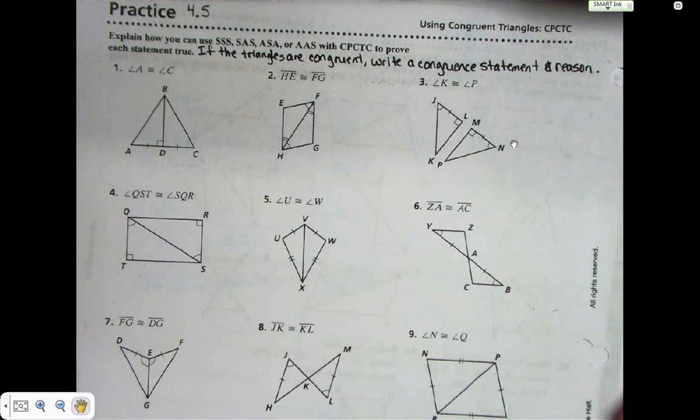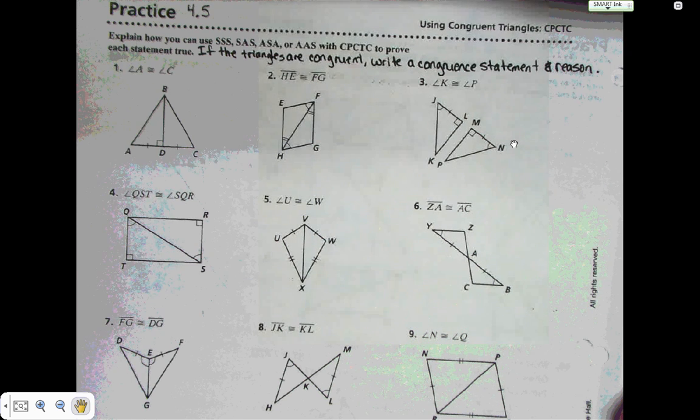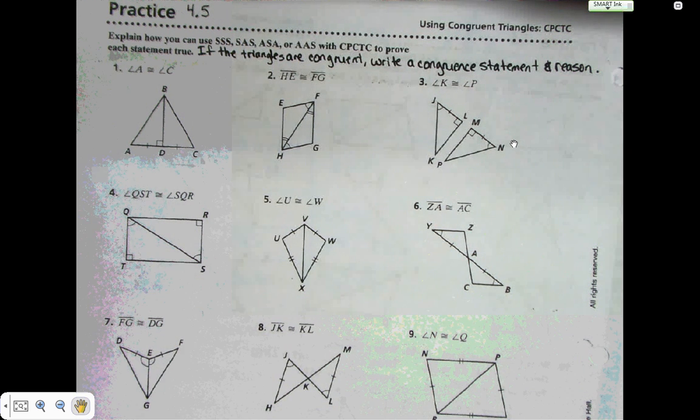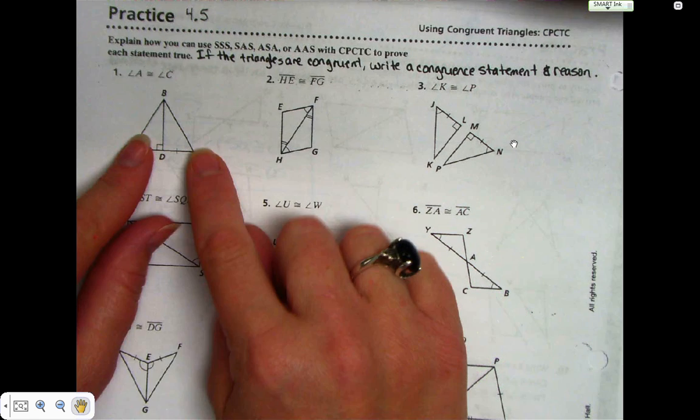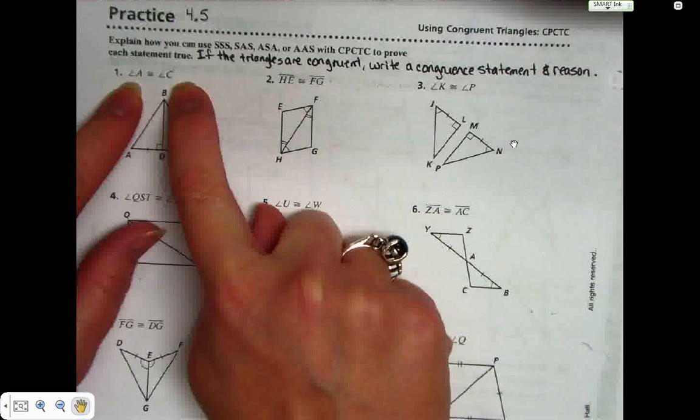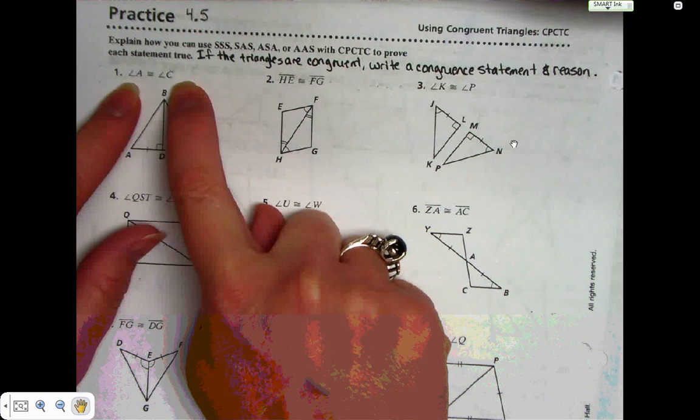On the back page, this is the one where the directions are a little goofy. It says explain how you can use SSS, SAS, ASA, or AAS with CPCTC to prove each statement true. If the triangles are congruent, write a congruent statement and a reason. And that's really what you're going to do, because if I can prove these 2 triangles congruent, then this right here is going to follow suit with CPCTC.